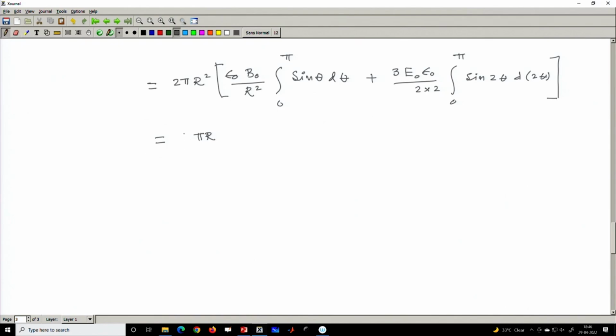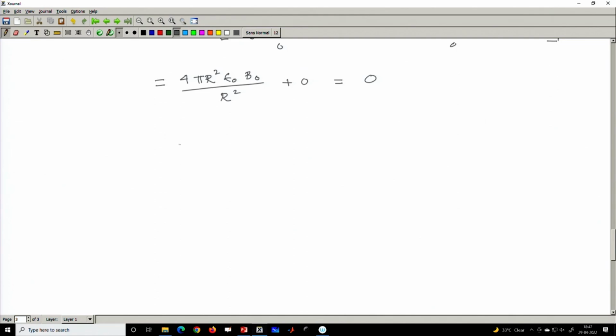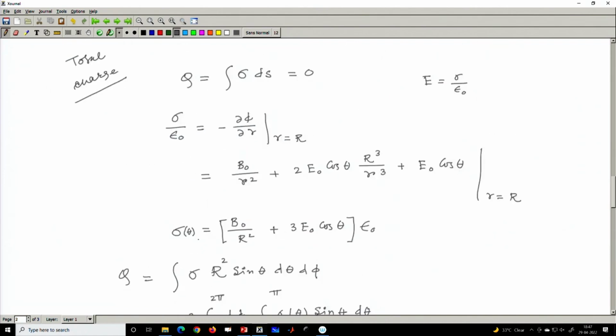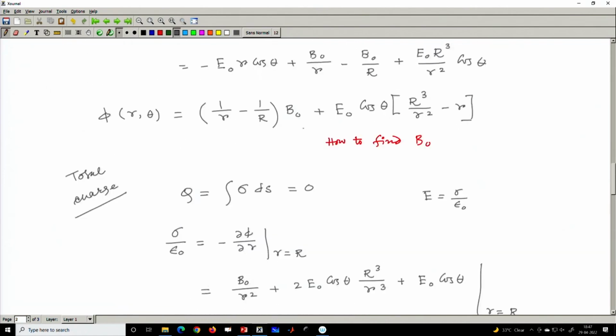So I have 4 pi r square epsilon naught b0 divided by r square plus 0, because of this integration, and that is the total charge, and that is 0. Since this is 0, after doing all these calculations, we find that b0 is nothing but 0, as q equals 0. So finally, I put here the value b0, which is 0 again, so my result will be only this part.